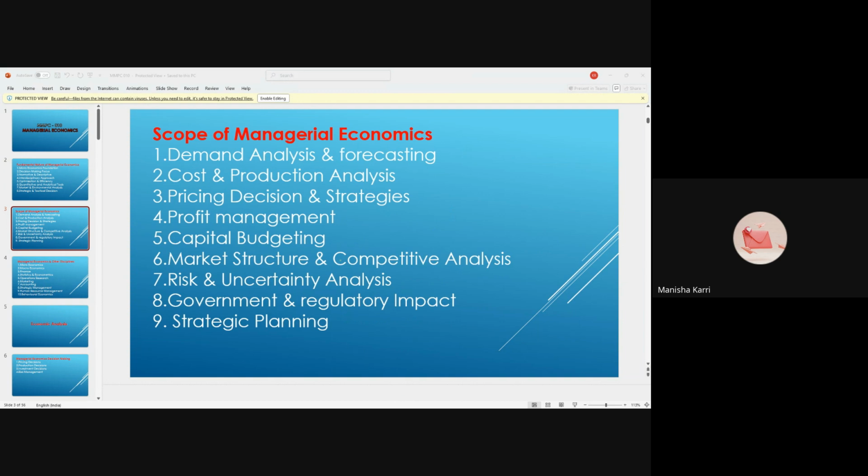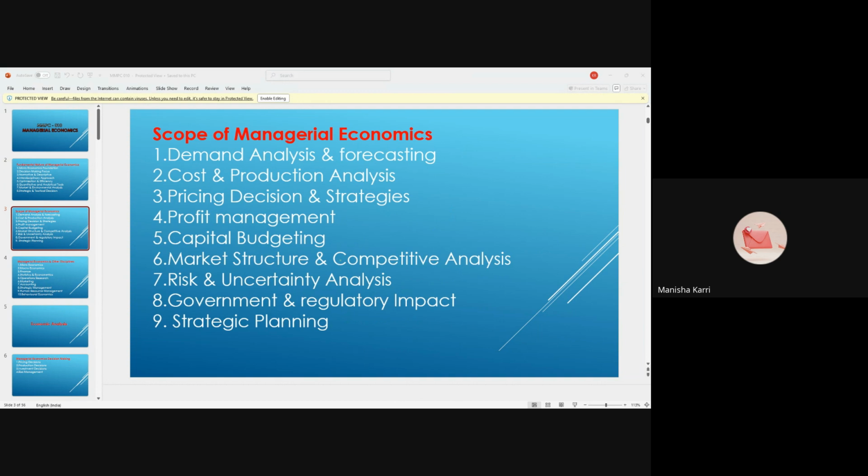That is risk and uncertainty analysis. Next, coming to government and regulatory impact. Here, understanding the influence of government policies and regulations, and also economic conditions on business operations, and making different types of strategies, is government and regulatory impact.